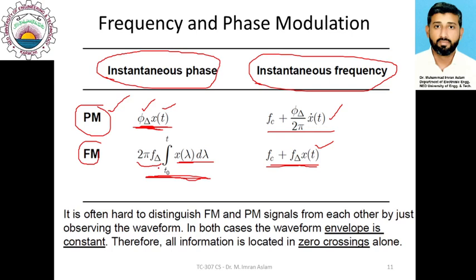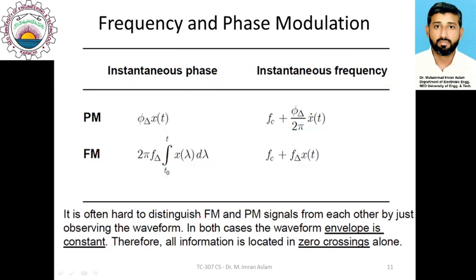Another important thing that we should notice is that we cannot distinguish FM and PM signals by observing the waveform, because there would be no change in the envelope. The envelope is actually constant for both cases, for frequency modulation as well as phase modulation. So the entire information is actually located in the zero crossings alone.